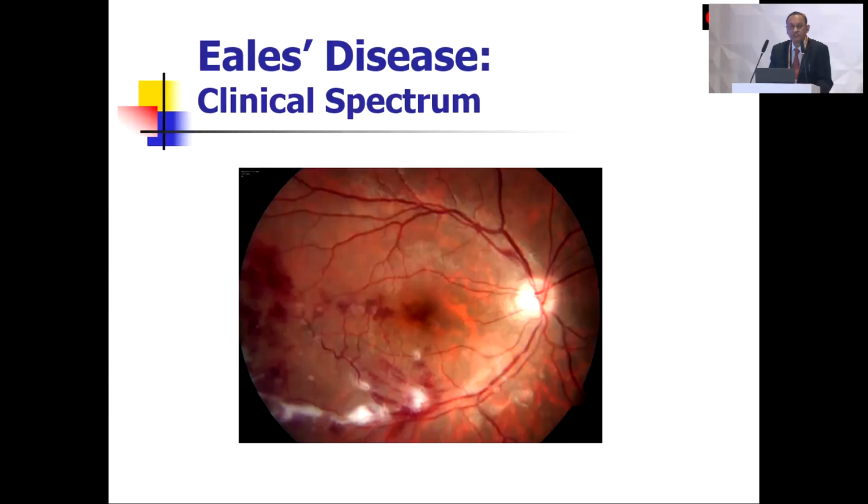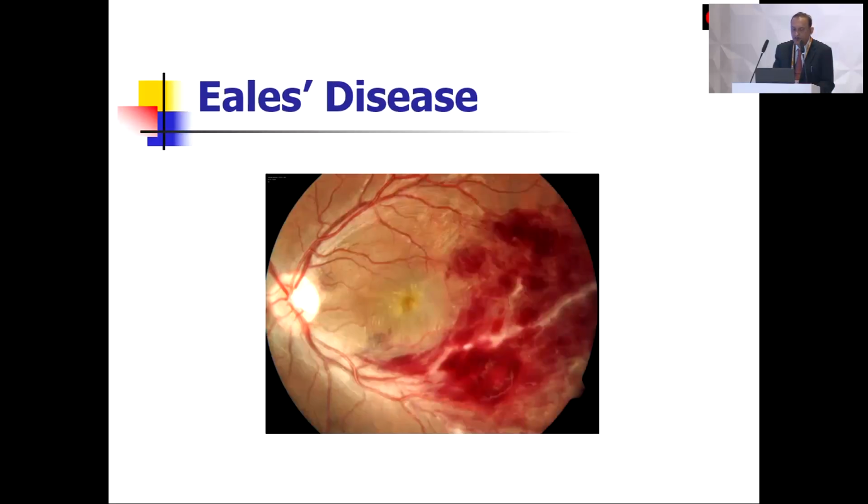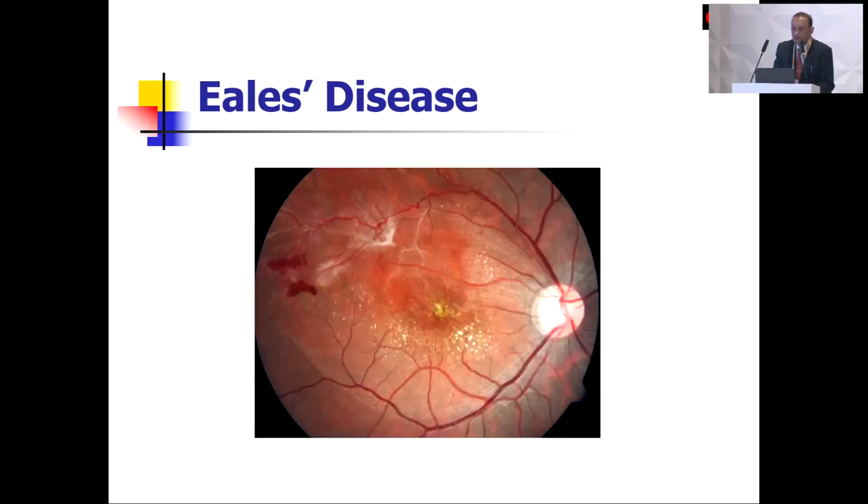I'd like to present for the audience the clinical spectrum of the disease, which you can see over here. You can see superficial retinal hemorrhages and associated periphlebitis. Here, the things are still more florid, and you can see a venous occlusion which is associated with periphlebitis.